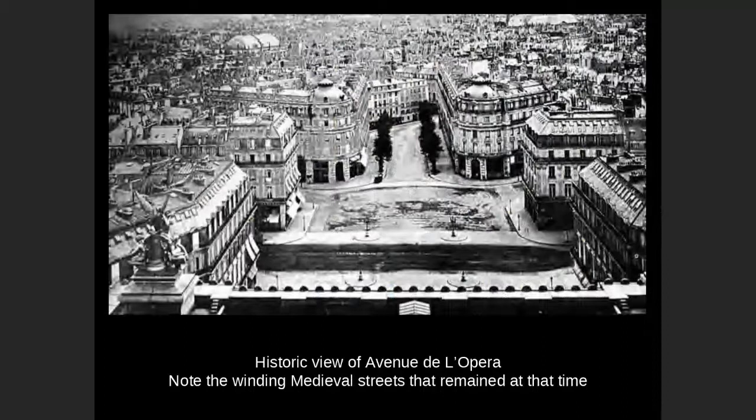Here's another historic view. This is taken from the roof of the Opera building, now known as the Opera Garnier, and there's a plaza built outside of it. And you can see two symmetrical buildings that flank what appears to be a boulevard that goes one block.